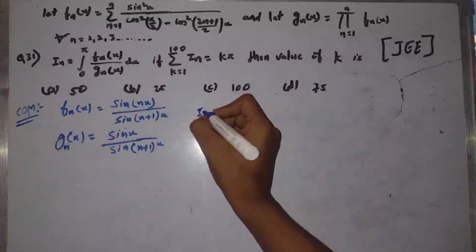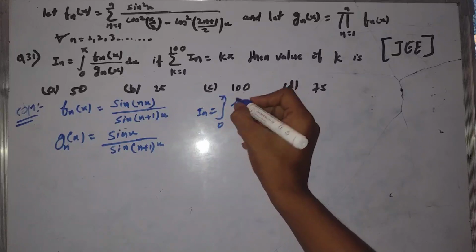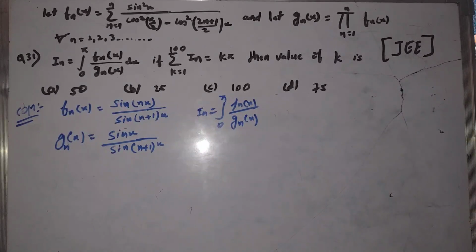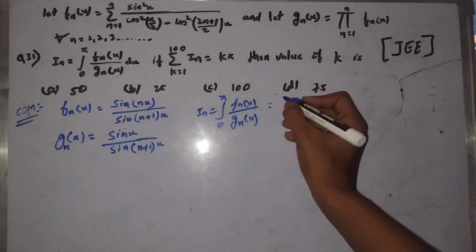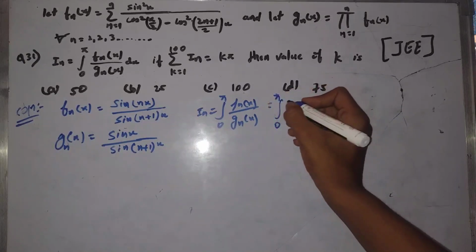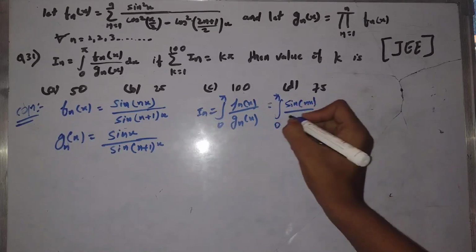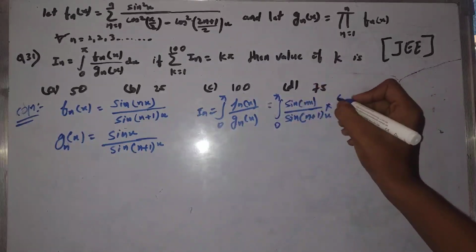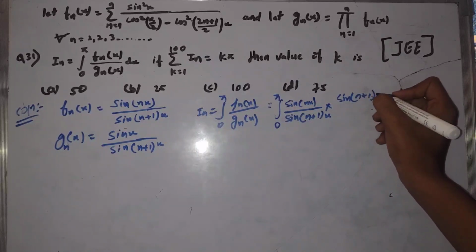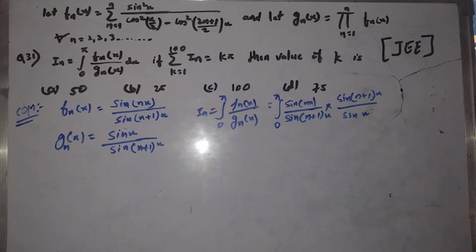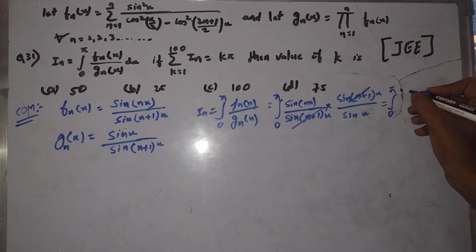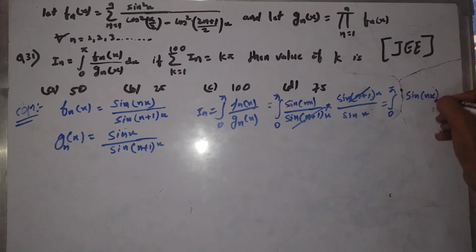The question says that I_n is defined as the integral from 0 to pi of fn(x) upon g_n(x)... that's how I_n is defined. So fn(x) is sin nx upon sin (n+1)x, into g_n(x), which is sin (n+1)x upon sin x. These things cancel here, and this becomes the integral from 0 to pi of sin nx upon sin x dx.